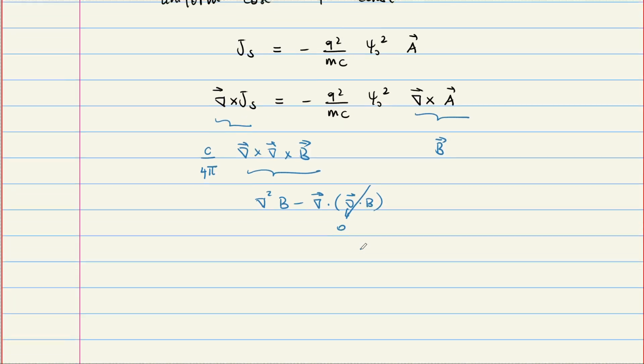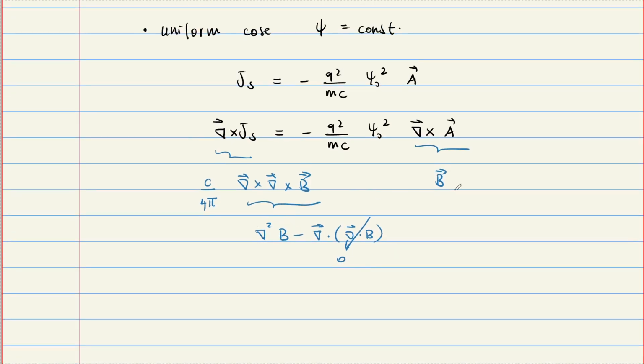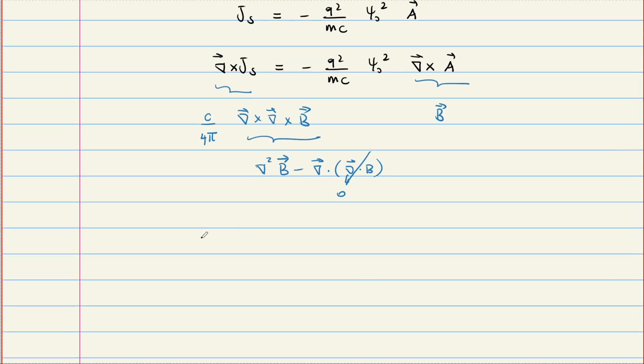And from here we found del squared B is proportional to B. Okay, this is also a vector, and we have this for each component. Therefore, we had del squared B is equal to something like 1 over lambda squared B. And if you collect all of these coefficients, 1 over lambda squared was found.